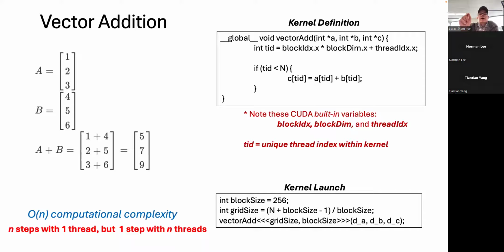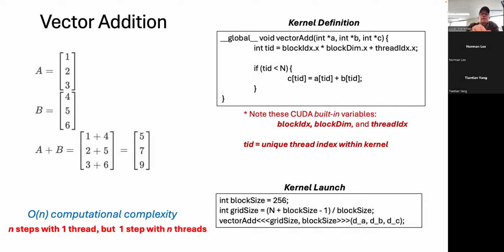We multiply that by the block dimension, which in our case is 256. And then we add to that our current thread ID. blockIdx.x, blockDim.x, and threadIdx.x are built into CUDA, and they're just available for you to use to index your threads in your CUDA code.